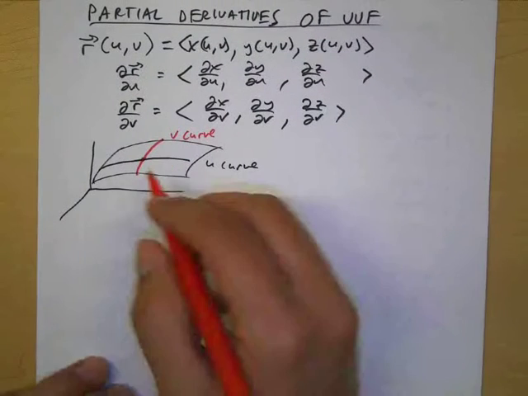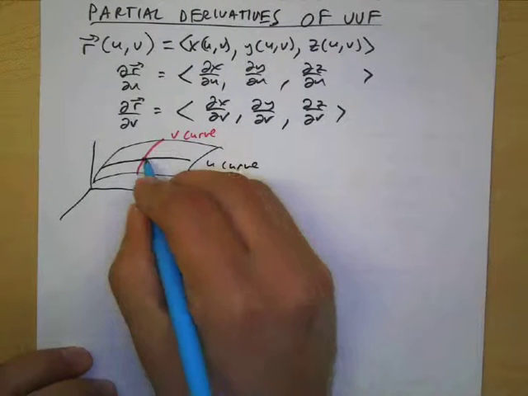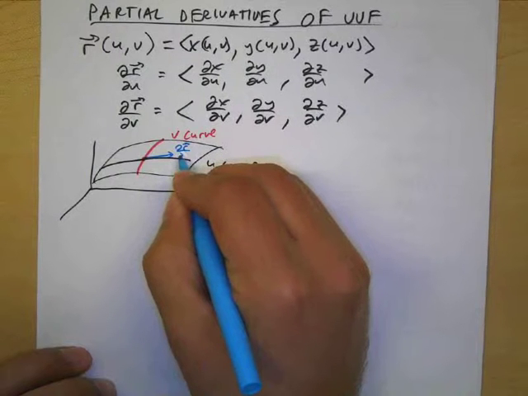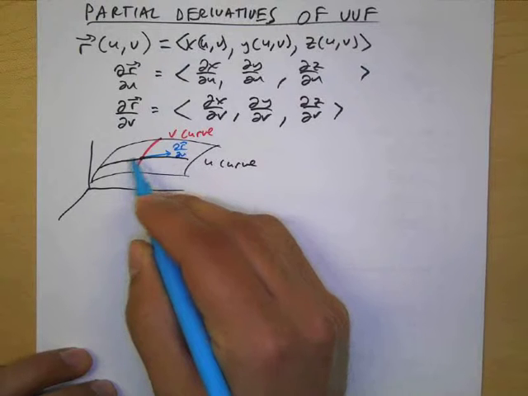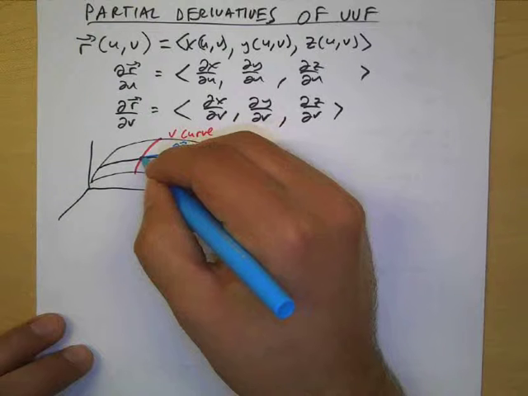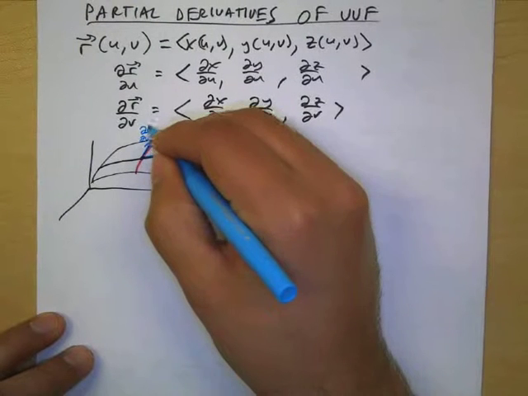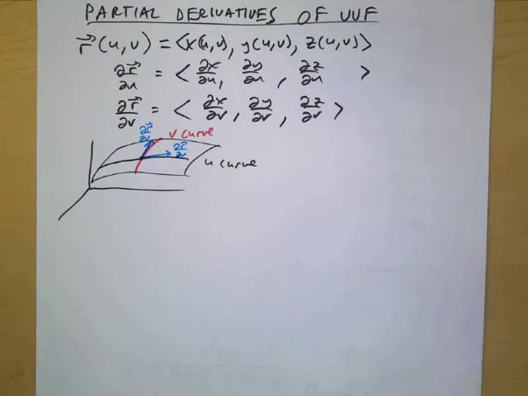And that looks something like this. Okay, so partial r, partial u will just be tangent to the U curve at that point. And then similarly, partial r, partial v will be tangent to the V curve at that point. So that's what that looks like geometrically.